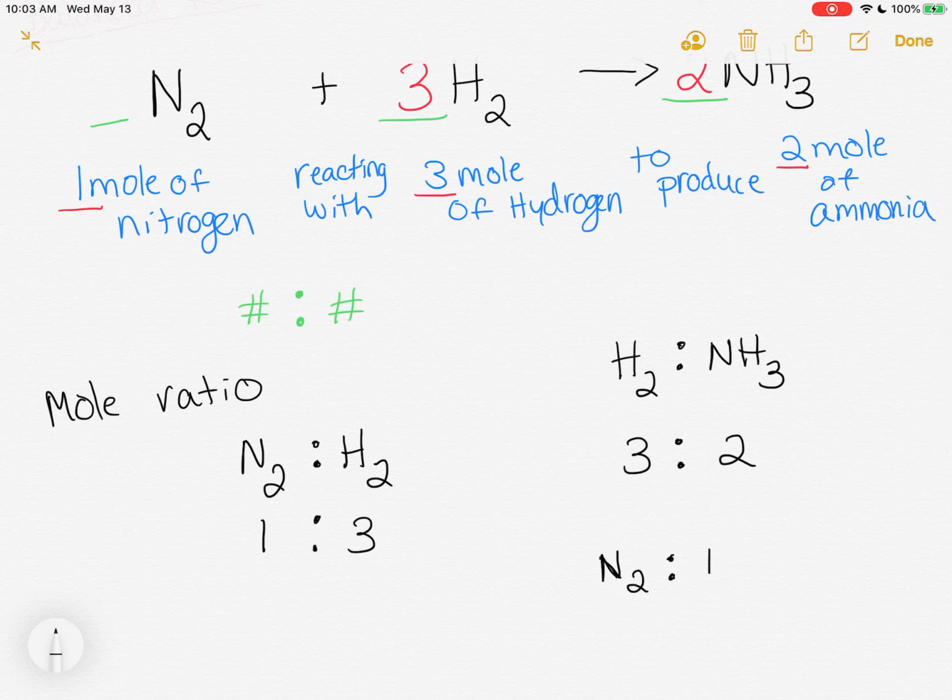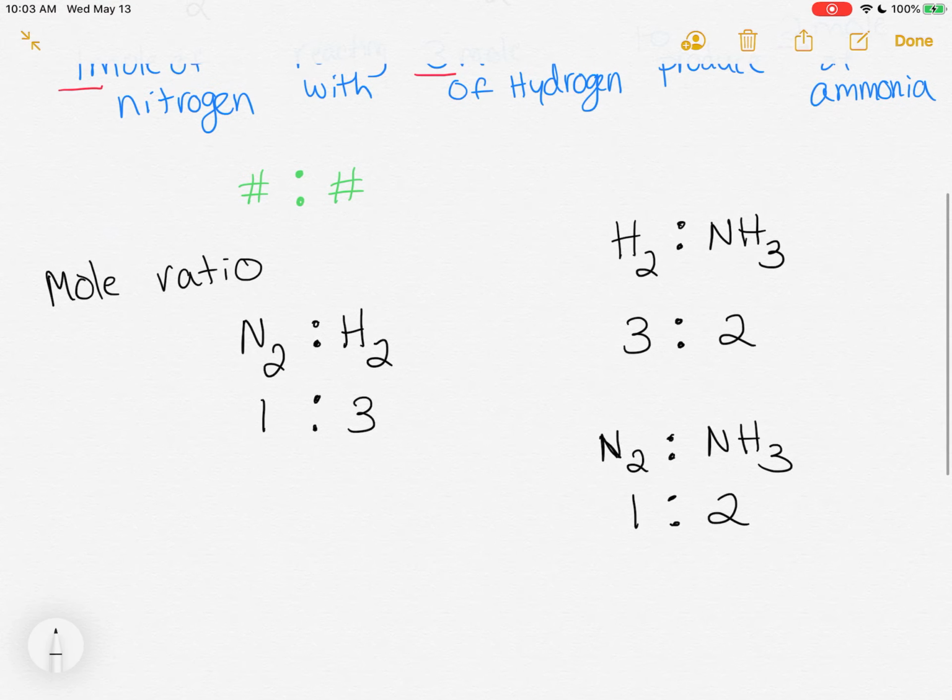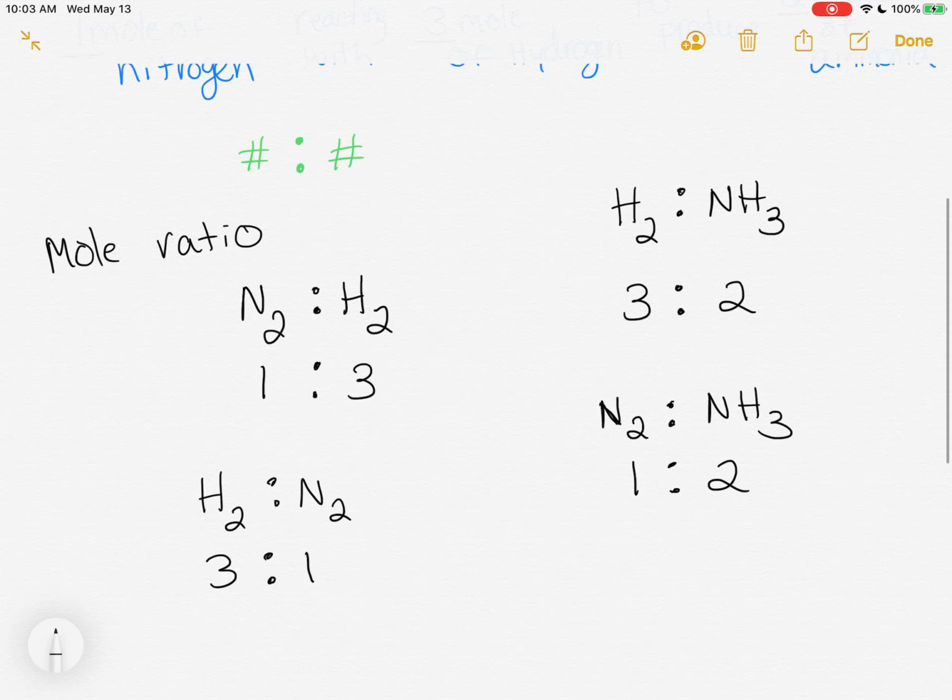We could also do nitrogen to ammonia if we wanted, and that one would be 1 to 2. And we could also write our ratios backwards. So if we instead wanted the ratio of hydrogen to nitrogen, then it would be 3 to 1.